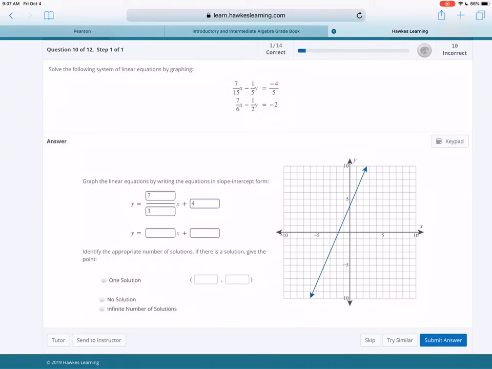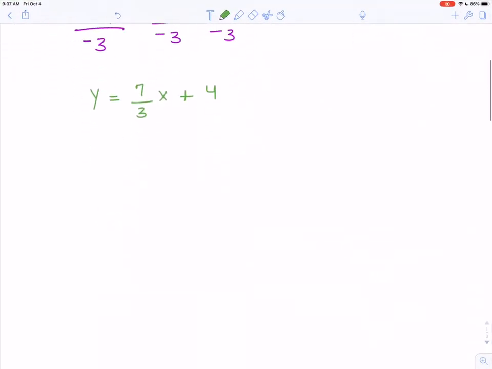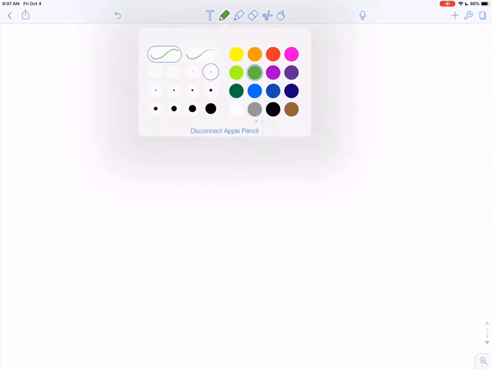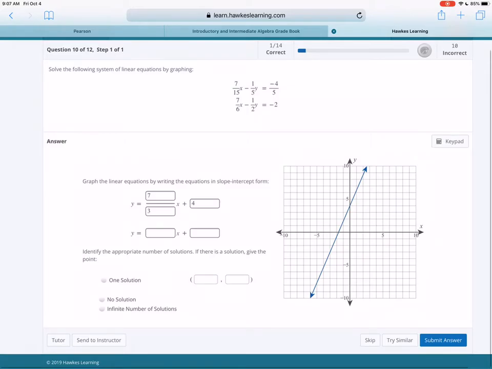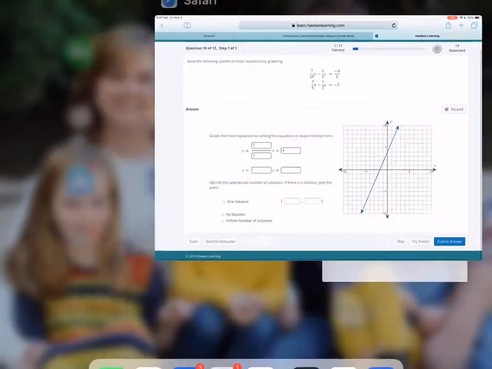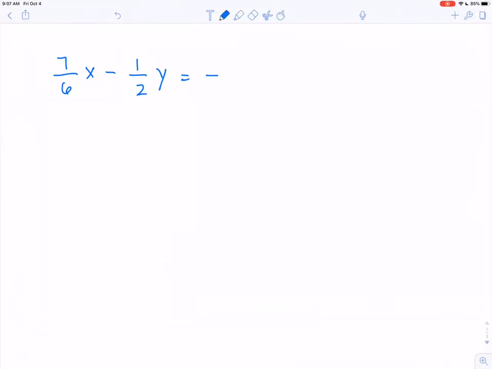And now I'm going to do the same thing to the second, right? The second equation, 7/6 x minus 1/2 y, and that is equal to a negative 2. So my denominators are 6 and 2.